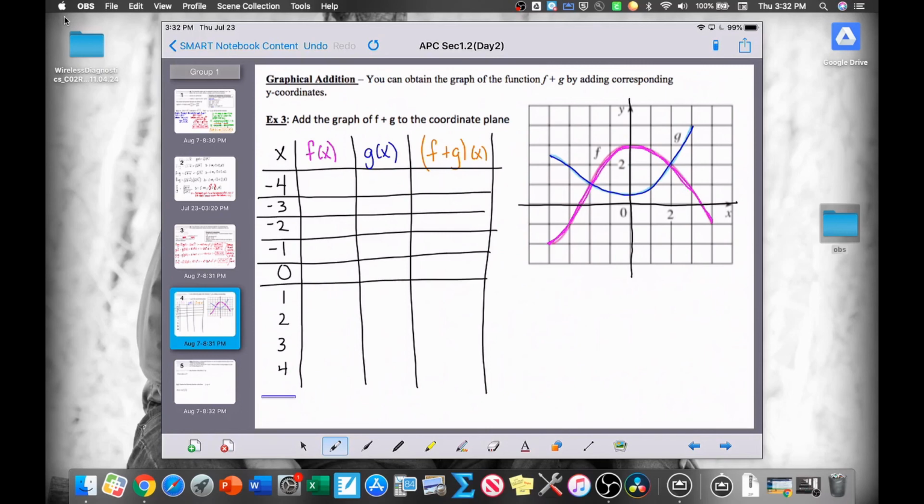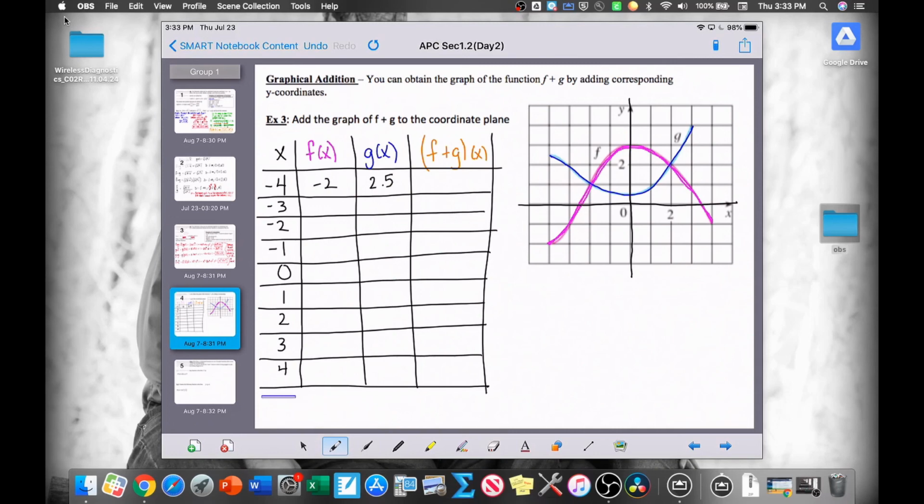And now to get our values, I am simply going to look at the picture and make an estimate of what the y values are on each curve, and I'm going to fill those numbers in on my table, and then I will add the f of x plus the g of x to get the f plus g of x. So when x is -4, on the pink curve, it looks like my y value is -2, and on the blue curve, it looks like it's about +2.5.